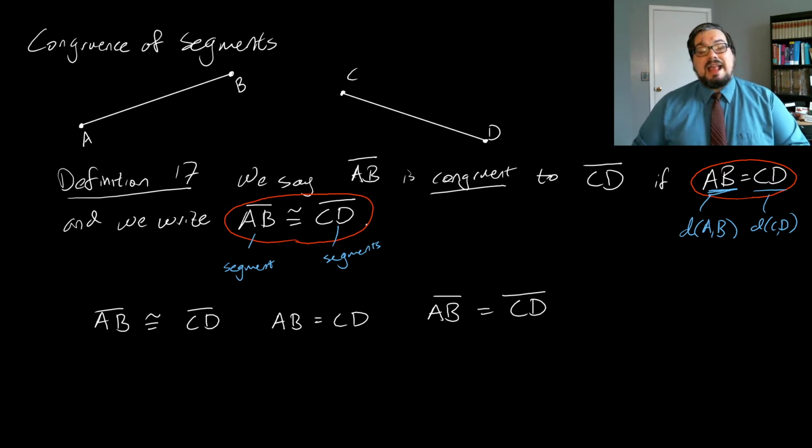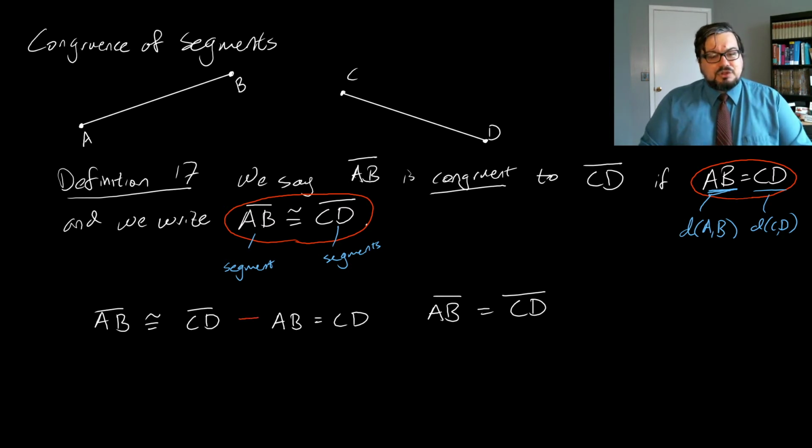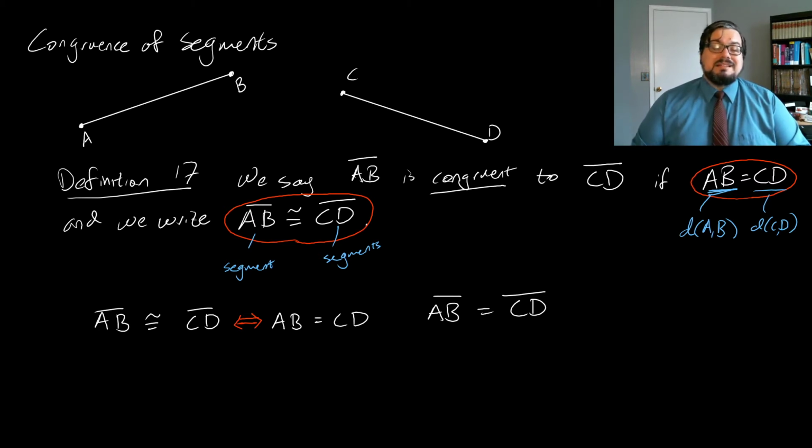We have that AB, the distance from A to B, is equal to the distance from C to D. And then we have that the segment from A to B is equal to the segment from C to D. So the first two statements mean exactly the same thing. By definition, two segments are congruent if the distances between the endpoints of those segments are the same. And so AB is congruent to CD if the distance from A to B is the distance from C to D, or in other words, if the two segments have the same length.